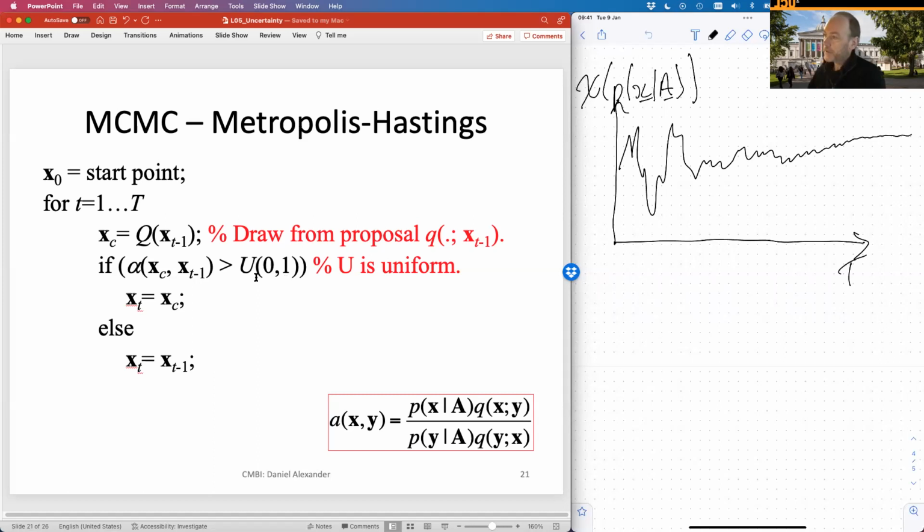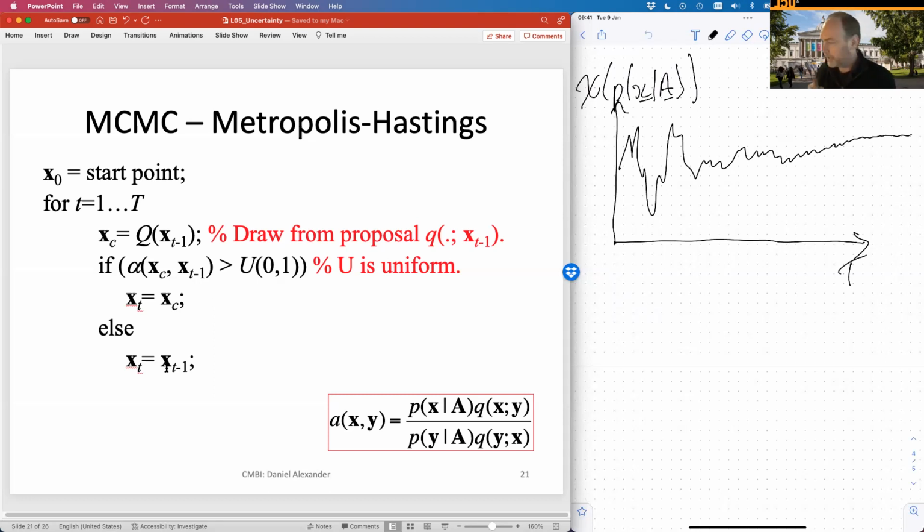Then we select the new candidate position if that likelihood ratio is greater than some random number between 0 and 1. In other words, we select the new candidate position with probability equal to that likelihood ratio. Otherwise, if we don't select it, we just stick at the position that we are at, and the next sample in our list is just the same as the preceding one.